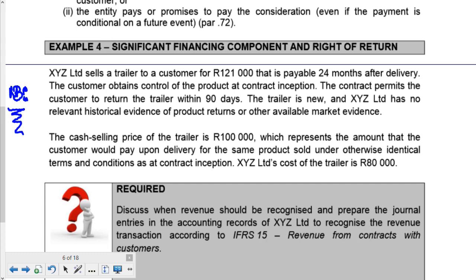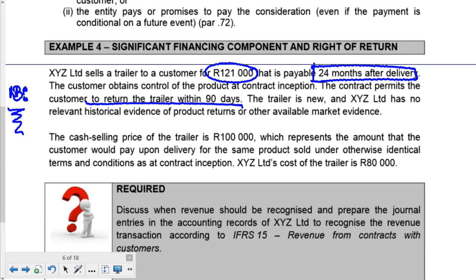So XYZ sells a trailer to a customer for 121,000 Rand. It's payable 24 months after delivery. Unusual. The customer obtains control at contract inception. The contract permits the customer to return the trailer within 90 days.